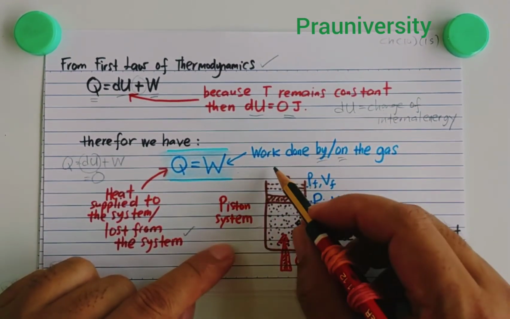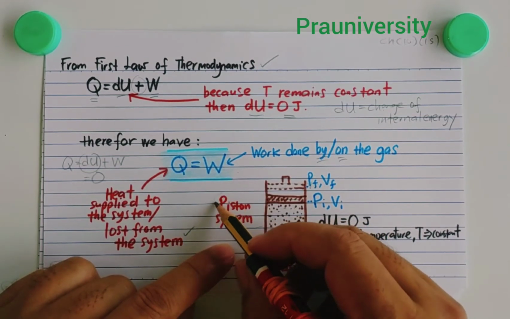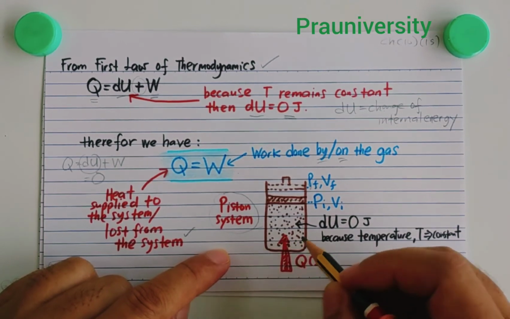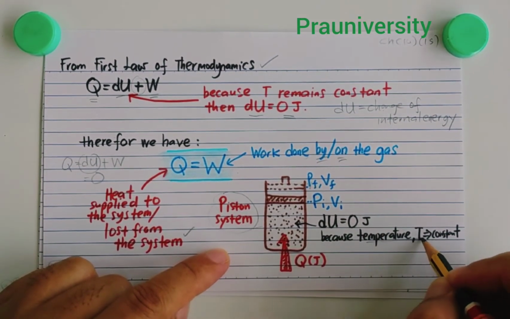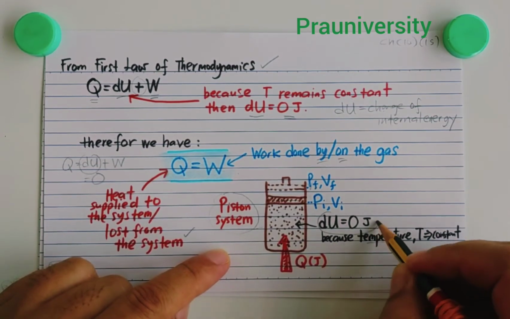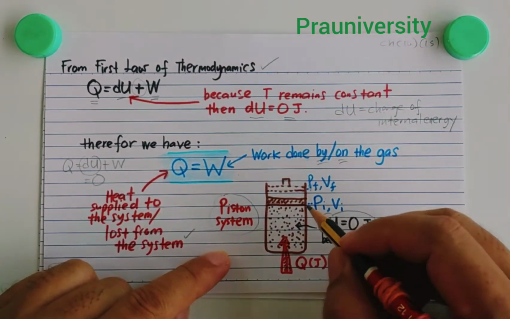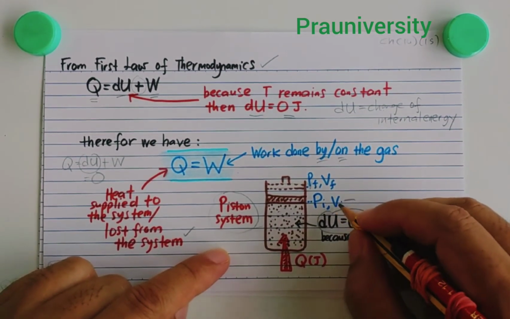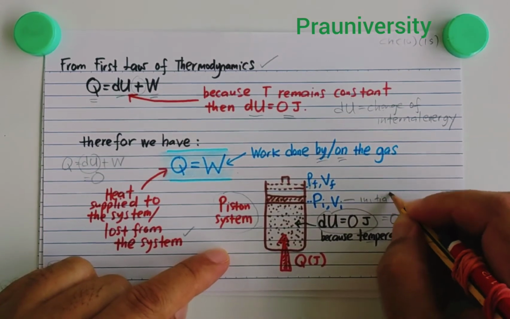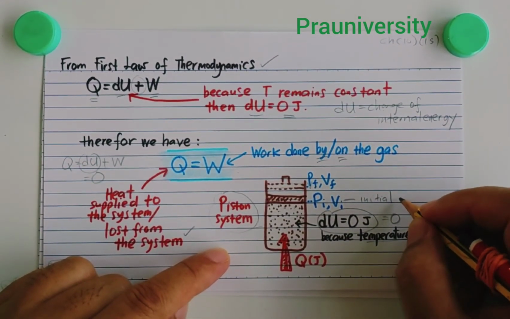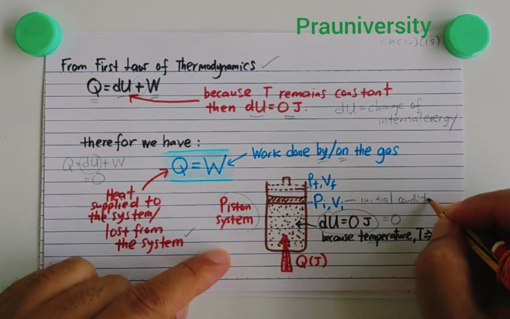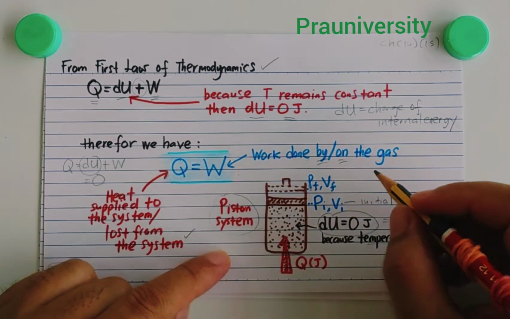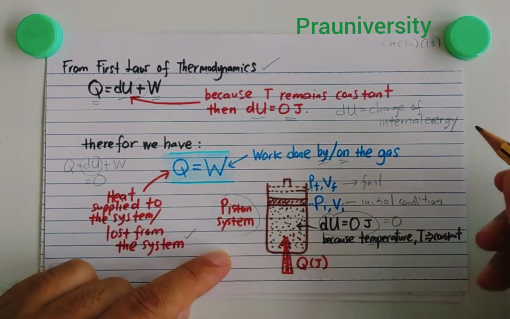From this diagram, we refer to the piston system, where heat is supplied into the gas. Because the temperature is constant, the internal energy change is 0. Here we have P1, V1 in the initial condition. Then after we supply the heat to the gas, the gas expands, and we have the final condition.